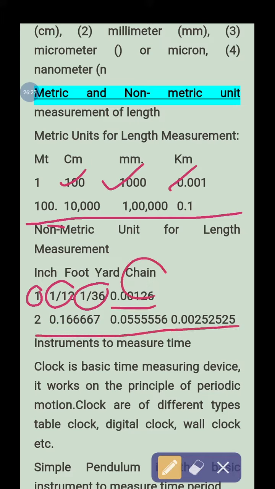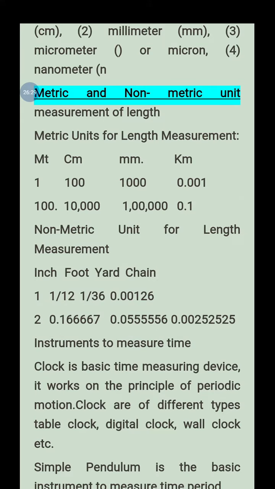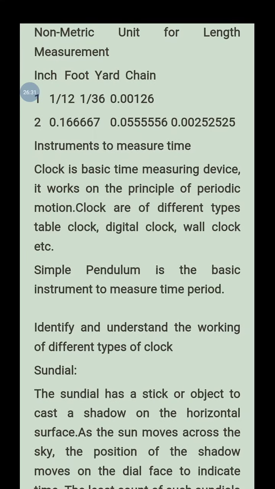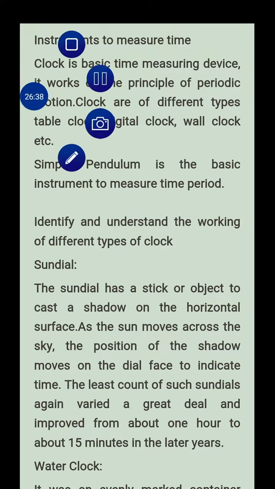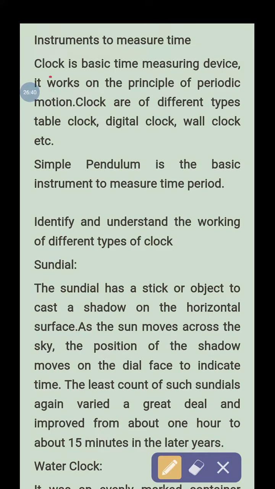These are the units. Now, instruments to measure time. The basic time measurement instrument is the clock. It works on the principle of periodic motion. Clock, it's working on what? Periodic motion.